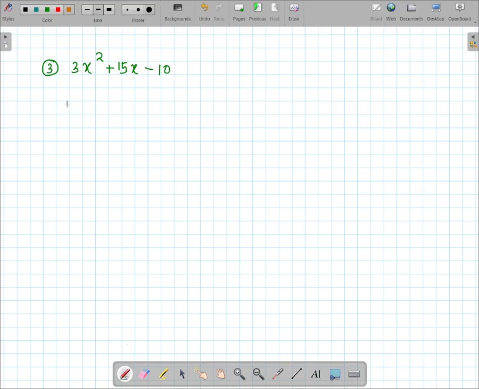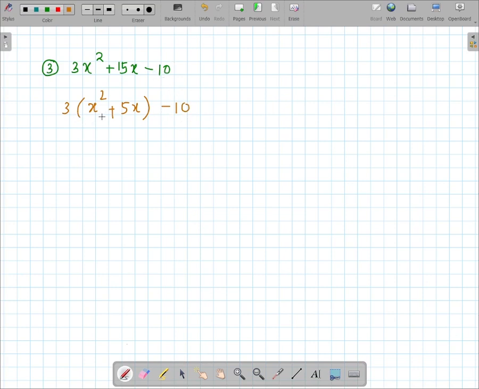So I write 3 out, open bracket, 3x squared divided by 3, that is x squared, plus 15x divided by 3, plus 5x, close bracket, and we continue writing the constant term, that is minus 10.